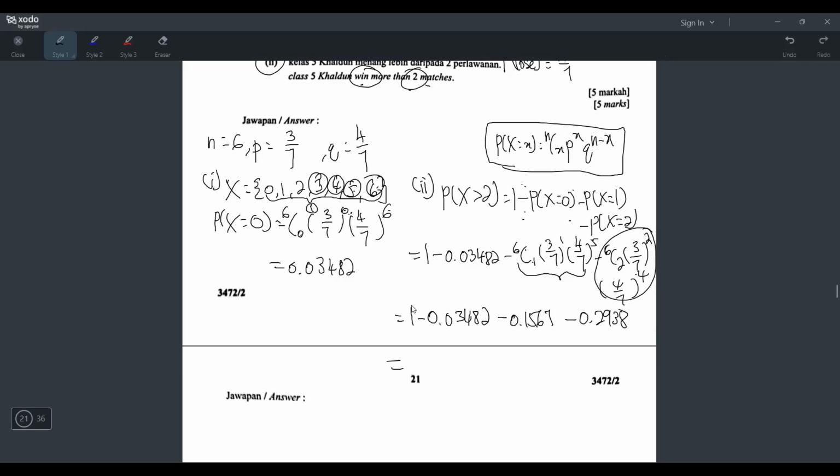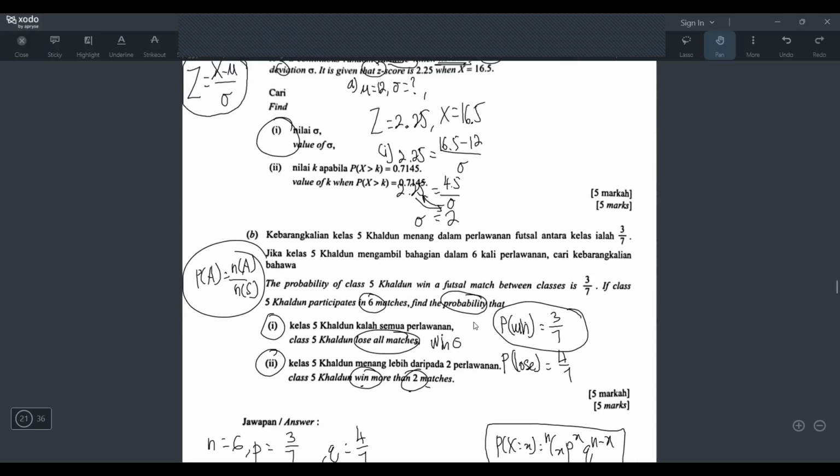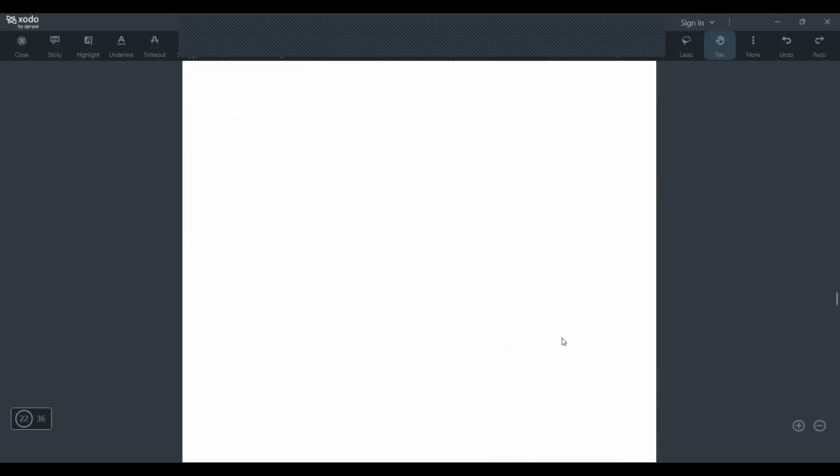My calculator gives me 0.51468. Or you can write 0.5147 also. But since it's only one more digit, I will just write 5 significant figures. It's fine. So that's all. Done, right? I think I did everything correctly. So 5 marks, 5 marks, 10 marks. Okay, done.